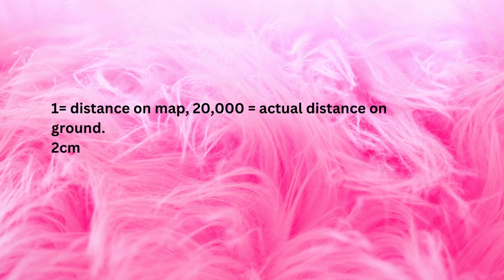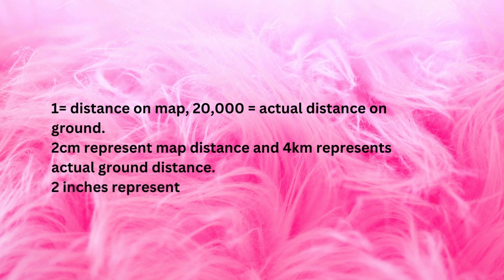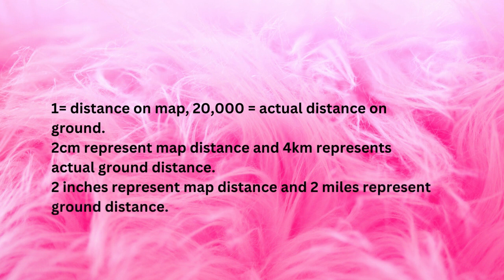When we say 1:20,000, the first number, which is 1, represents distance on map, and 20,000 represents actual distance on ground. In 2 centimeters to 4 kilometers, the 2 centimeters represent map distance and 4 kilometers represent actual ground distance.